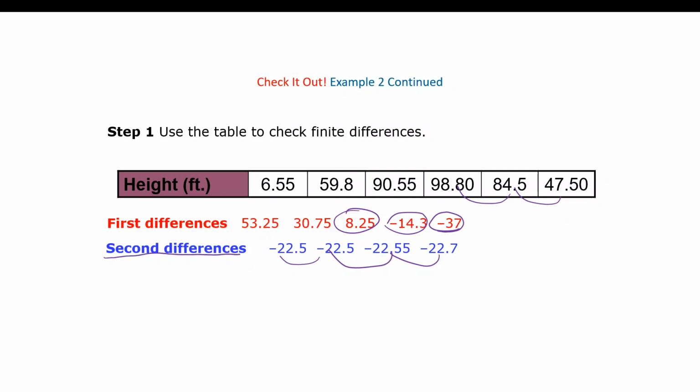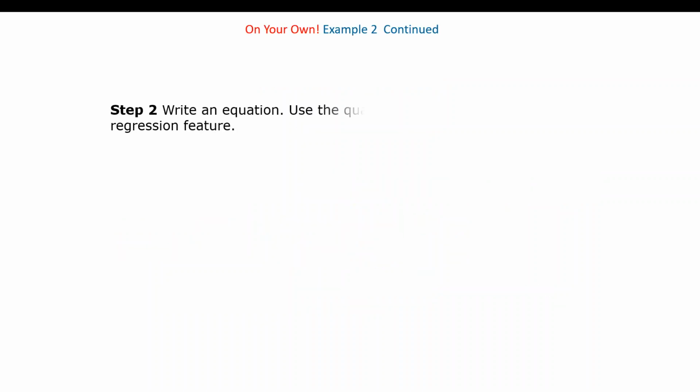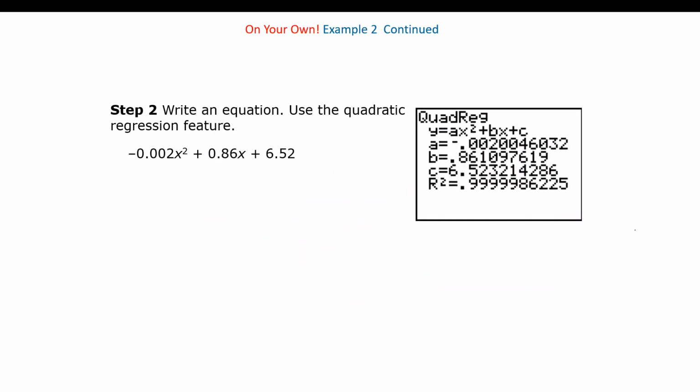So when we have second differences that are constant, that are the same, we know that we probably could use a quadratic equation. So using your calculator, we can use the quadratic regression feature to write an equation. Okay, so continuing on with this example, the second thing we need to do is use the quadratic regression feature on your calculator, and we end up with our equation here.